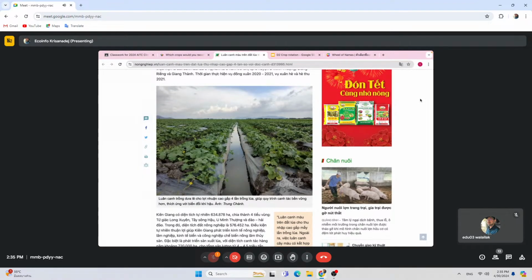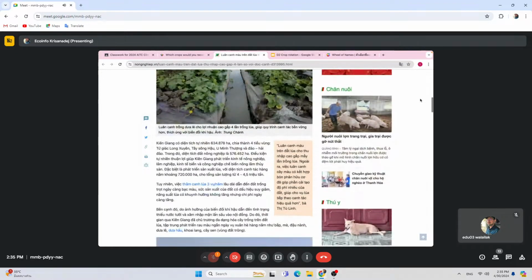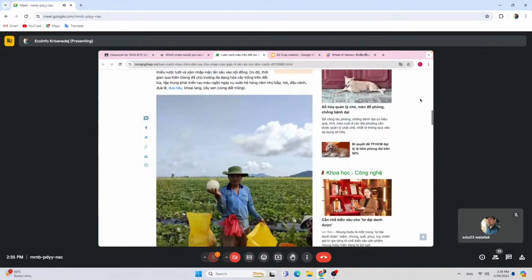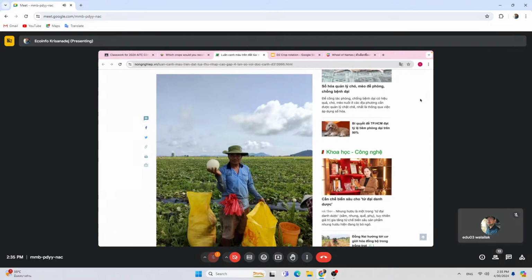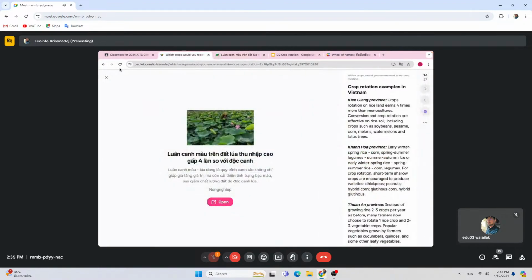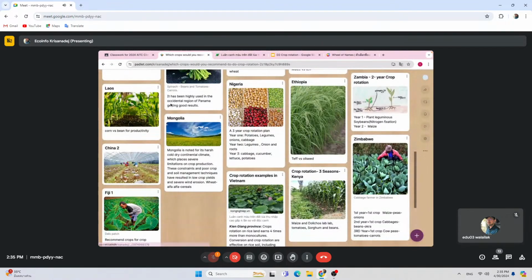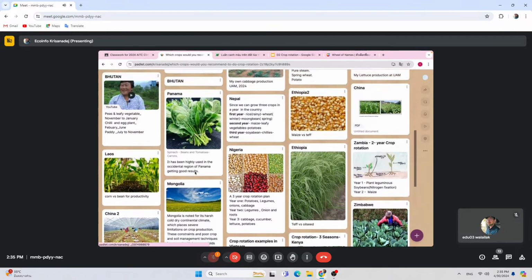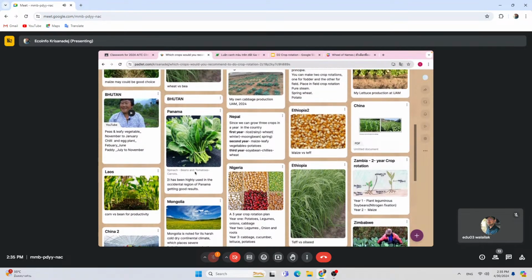And that's why, in different provinces, we apply crop rotation differently.